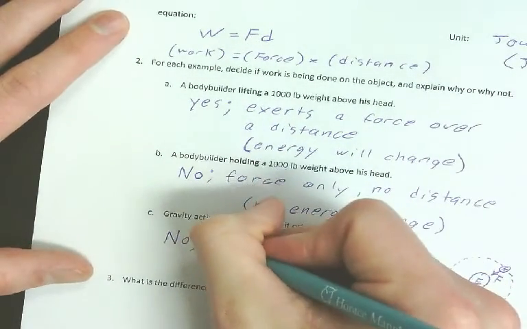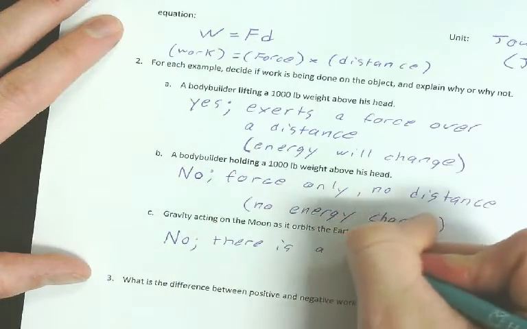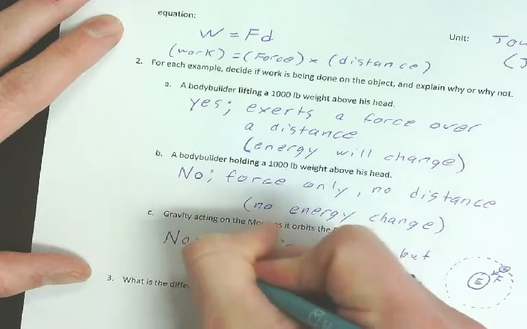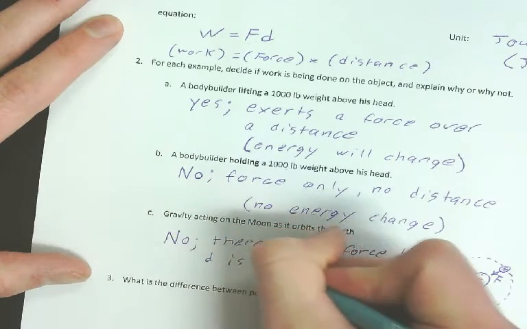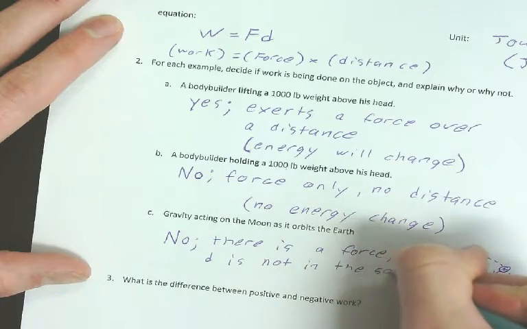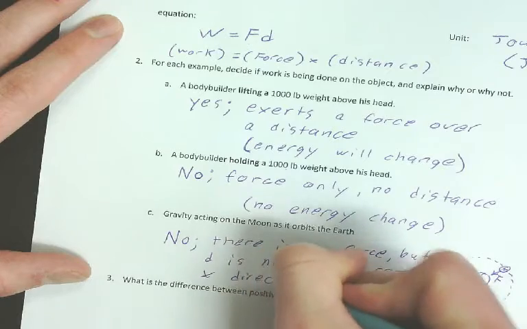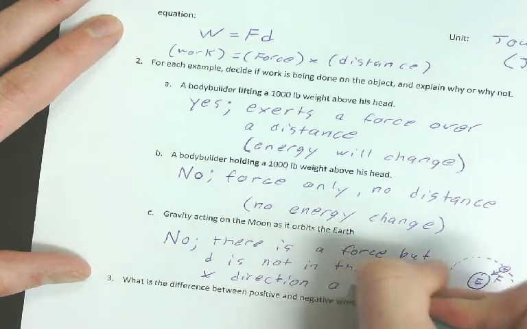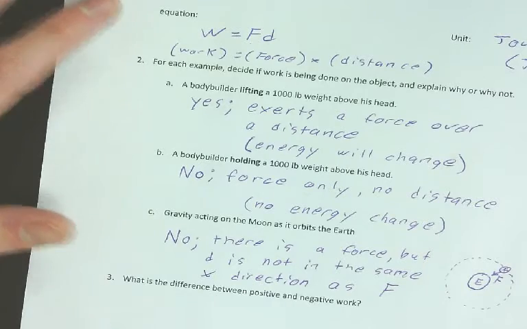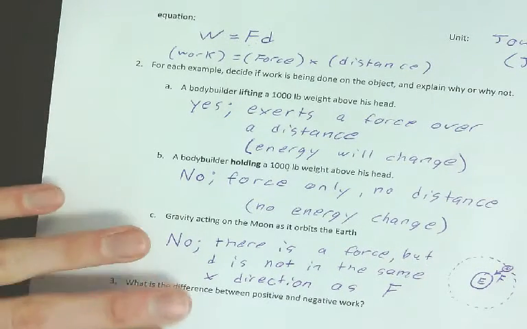So, no, there is a force, but D is not in the same X direction as F. F and D have to be in the same or opposite direction. They can't be X and Y.